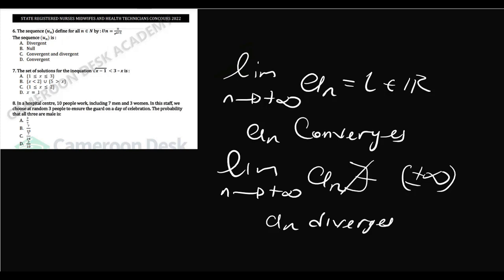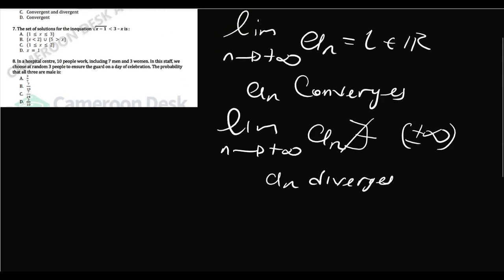Okay, then if a_n diverges, it definitely means we can evaluate the limit of that sequence. If the limit gives us a finite number, then we can conclude that the sequence converges. Also, we have to note that absolute convergence implies that the limit converges to a point.